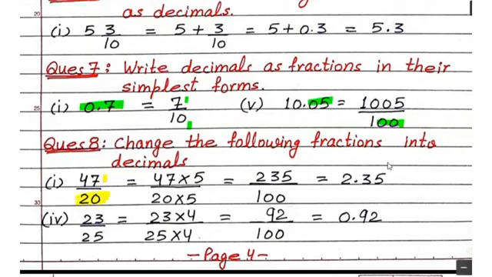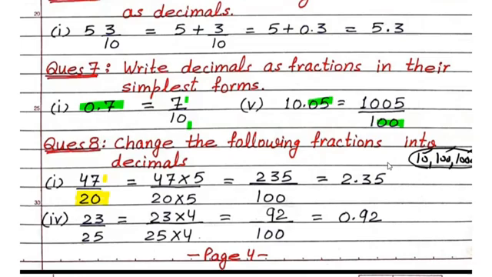We have to convert the denominator in such a way that we get multiples of 10, that is 10, 100, then 1000 and so on. To get these numbers in the denominator, we have to multiply the denominator with such a number so that we'll get any number out of these.